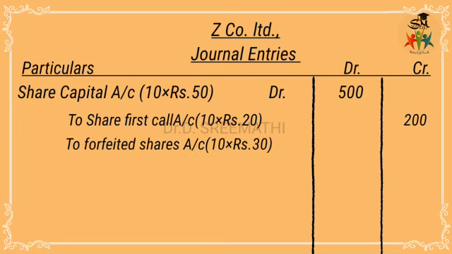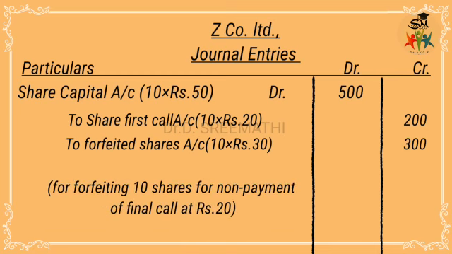And then to forfeited shares account: 10 shares multiplied by 5 rupees on application, 10 rupees on allotment, 15 rupees on first call, totally 30 rupees. So 10 into 30, 300 rupees, for forfeiting 10 shares for non-payment of final call of ₹20. Narration.